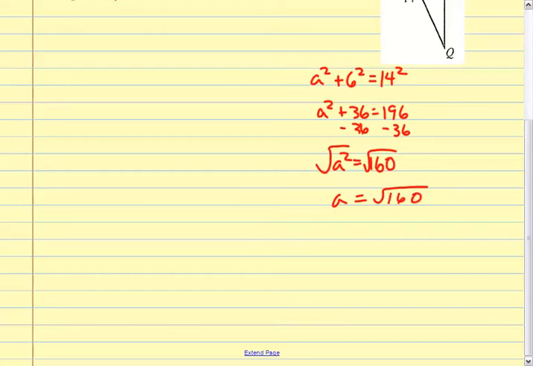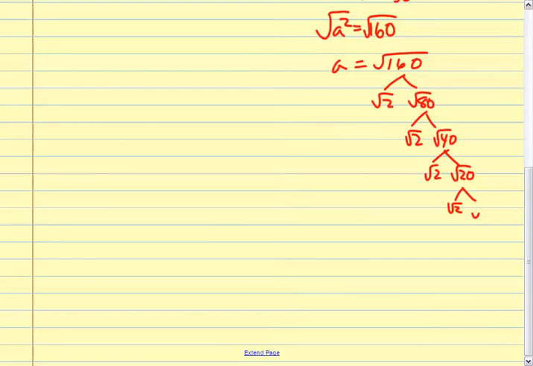Square root of 160, but we've got to break that down into root 2 times root 80. That's root 2, root 40. Root 2, root 20, root 2, root 10, root 2, root 5.